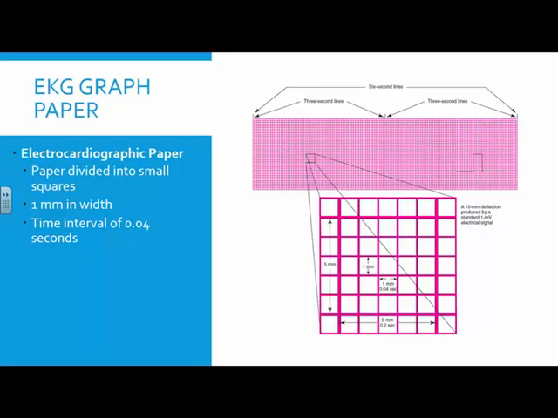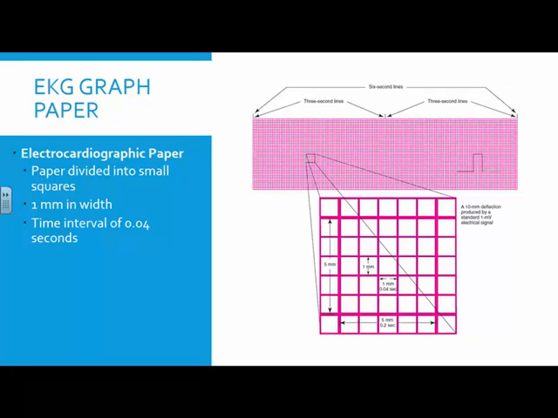Remember, your paper is divided into squares, and then those squares are divided into even smaller squares. Your smallest squares are worth what in time? 0.04.